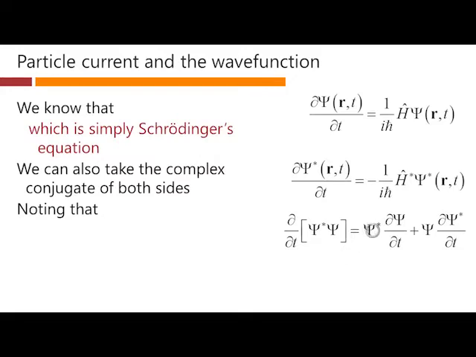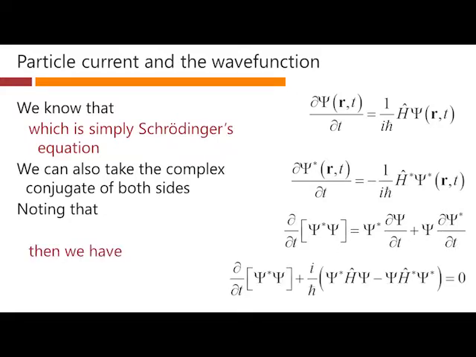It's psi star times d psi by dt plus psi times d psi star by dt. Then, using these relations to substitute for the d psi by dt, we use this one, and for the d psi star by dt, we use this one here, then we can say that the sum of this plus all of this is equal to 0. All we're doing here is rewriting this equation using these substitutions, and then we've taken everything over to the left-hand side.